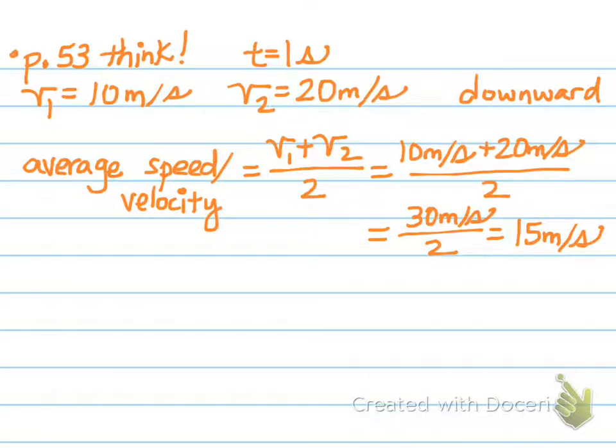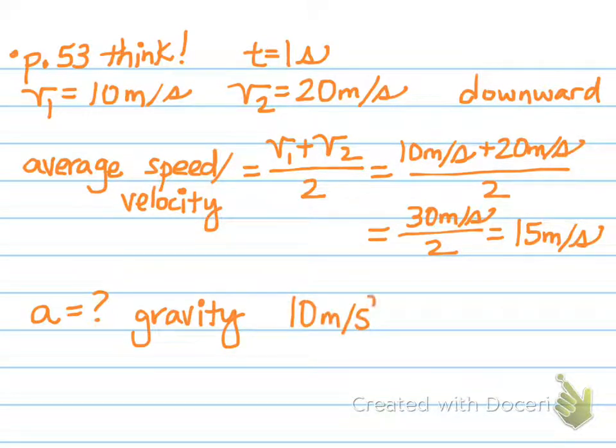Now, what is its acceleration? Well, the only thing that is accelerating it is gravity. And what is gravity's acceleration? 10 meters per second squared. Now, we can also calculate that because our acceleration is our change in velocity over our change in time.